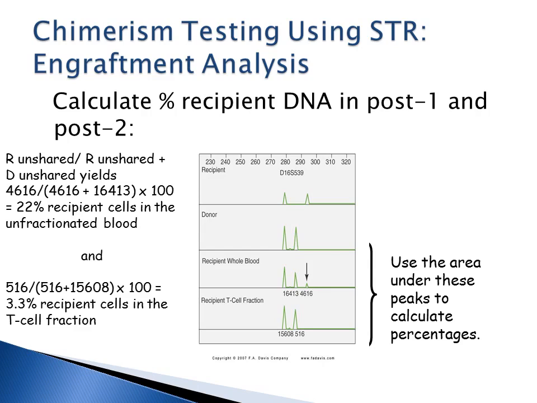And if you also do the 516 divided by 516 plus 15,608 times 100 in the T cell fraction, you determine that there are 3.3% recipient cells in that T cell fraction.